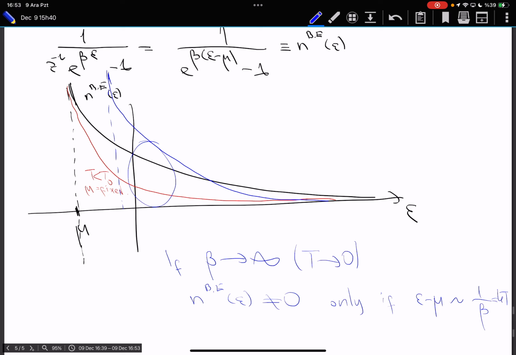If beta goes to infinity, this distribution will be non-zero only if epsilon minus mu is of the order of 1 over beta, which is just kT. But I'm taking the limit as T goes to 0. So only states with epsilon very close to mu will have a significant number of particles in them.